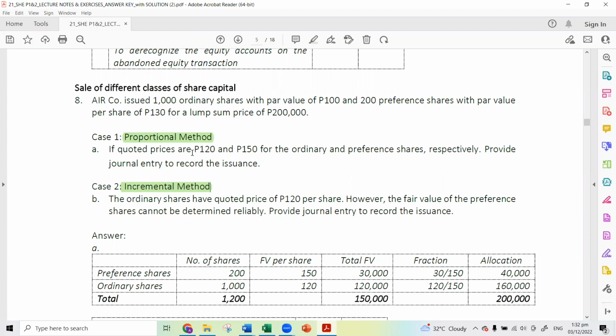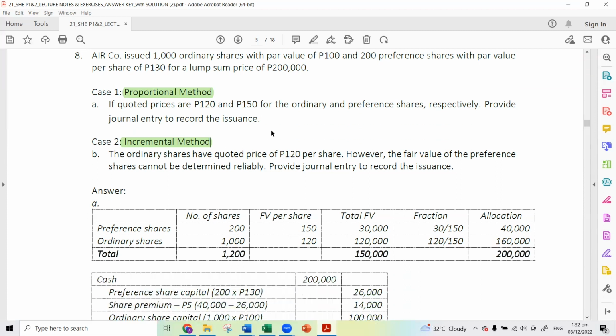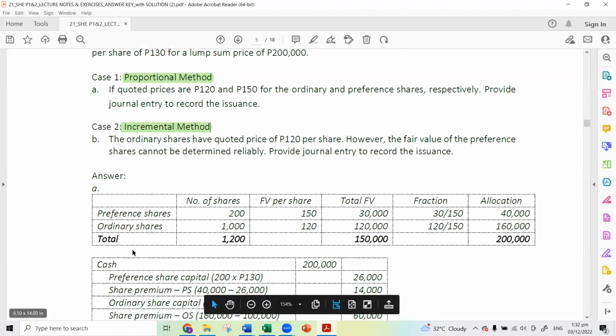Under the proportional method, if the fair values of all classes of share capital issued are determinable, the lump sum price is allocated to the classes of share capital issued based on their relative fair values.